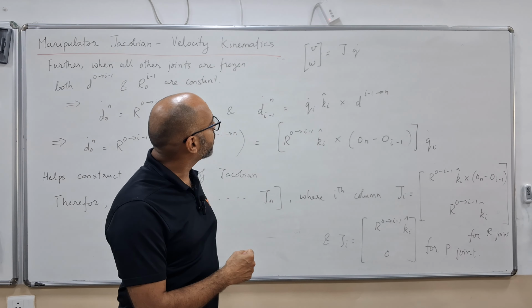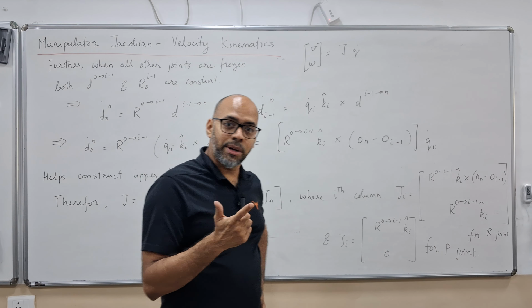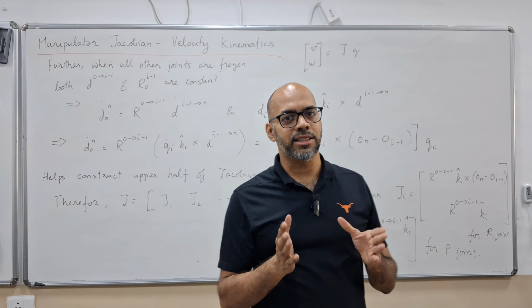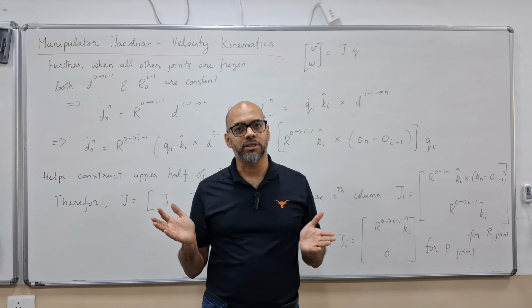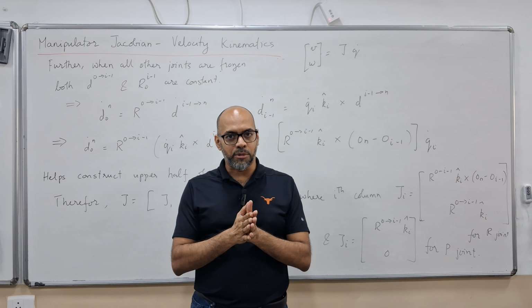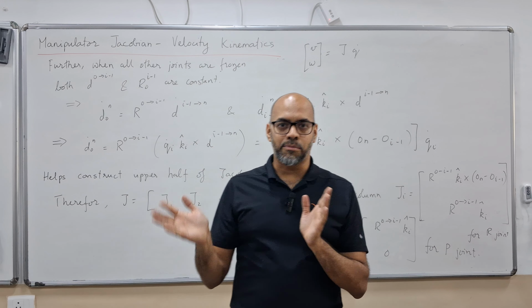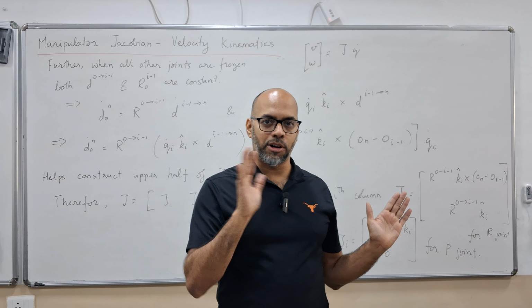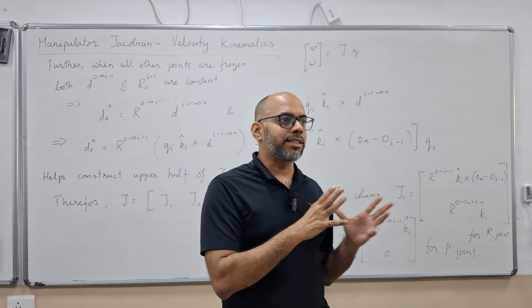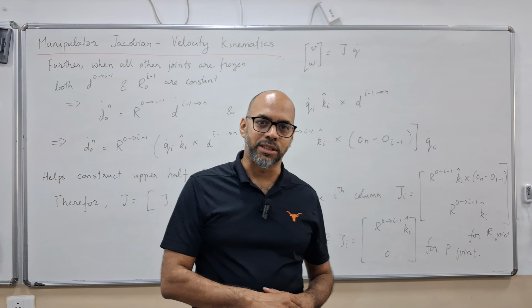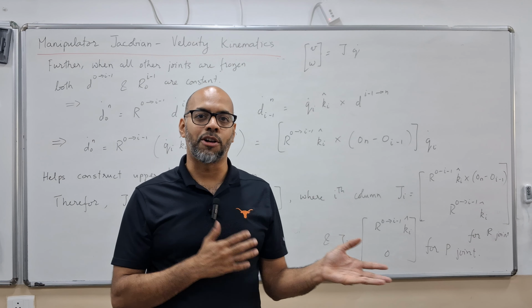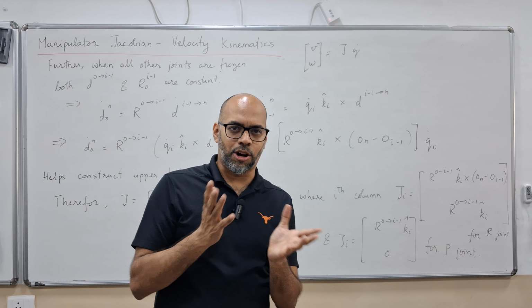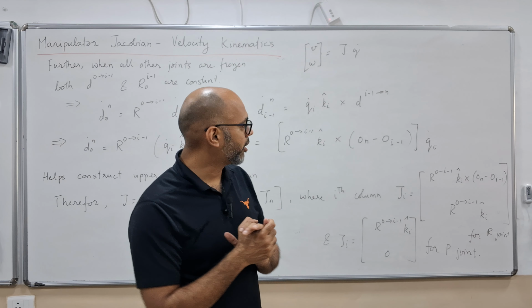It is also helpful to determine singularities. Now singularities is something that we haven't talked about, but I urge you to go read about it. It's basically some configurations from which it is hard to do certain kinds of motion. You get stuck in some extreme configurations here or there, and there's a lot more material on singularities that you can go back and look at.